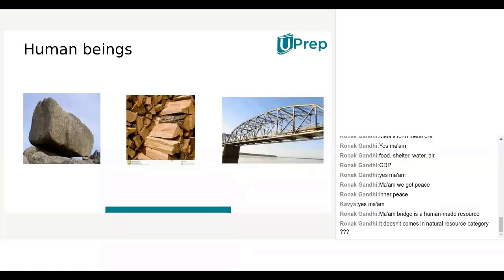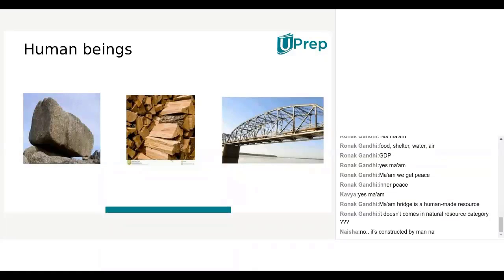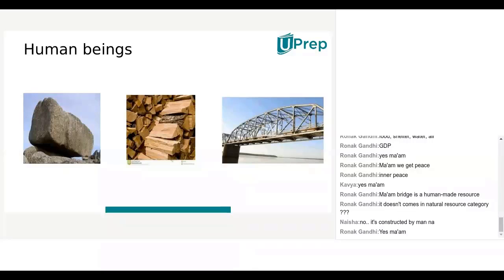A bridge won't come under natural resources, children. It is constructed. With the wise thinking of man, he is taking minerals and metal rocks from inside the earth. That comes under natural resources. From the natural resources, he is extracting the required metal and using that metal wisely to construct bridges.